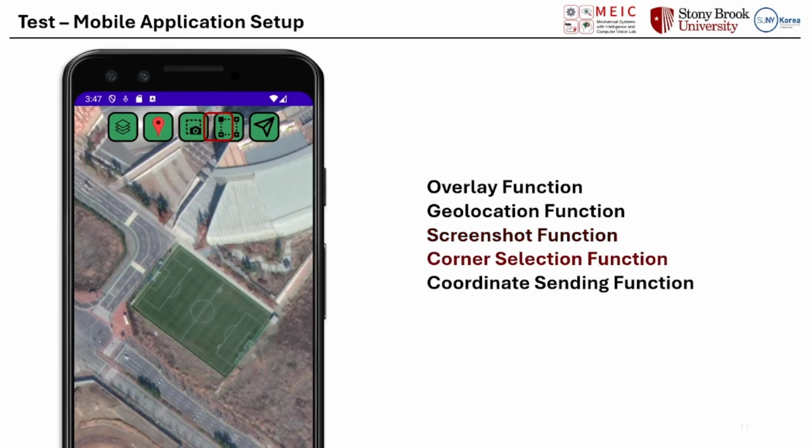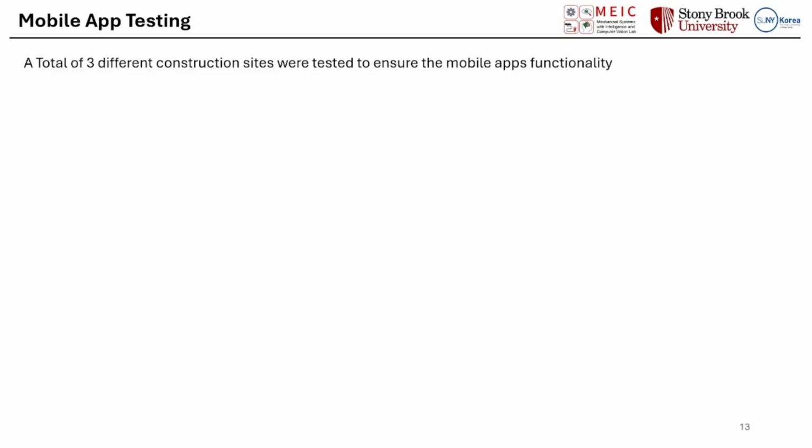We then have the corner selection function, which allows us to input both images and select the corners for the homography to happen. And finally, we have the coordinate sending function, which, based on the path that we've drawn, computes the latitude and longitude points to be sent to the UGV.